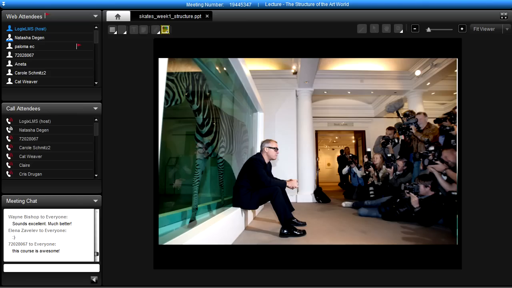This is an image from the sale, or rather from the publicity campaign prior to the sale. You can see here Damien Hirst in front of one of his iconic formaldehyde works. In this case, it's a zebra in a formaldehyde tank, and you can see just the scale of the press that had gathered at Sotheby's to document this event.